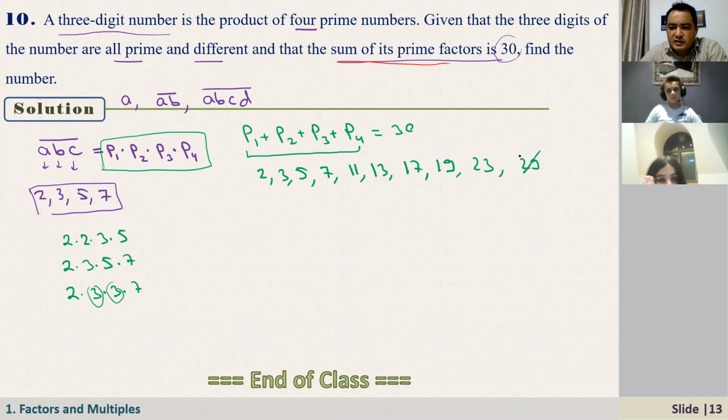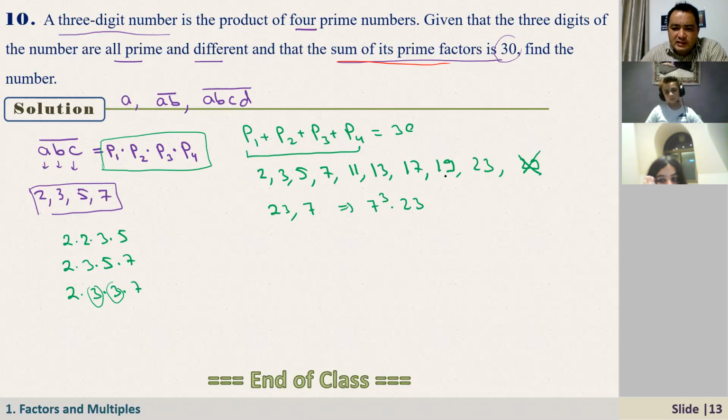So 29 is not possible. How about if one of these numbers is 23, and the other numbers must be 7? Maybe it can be 7, right? Then our number is something like 7 cubed times 23.